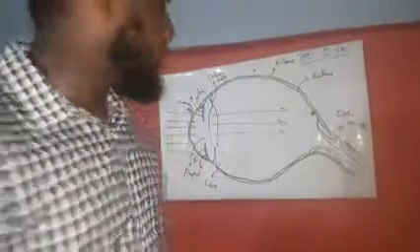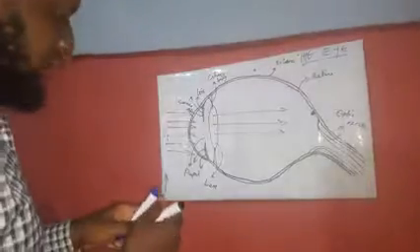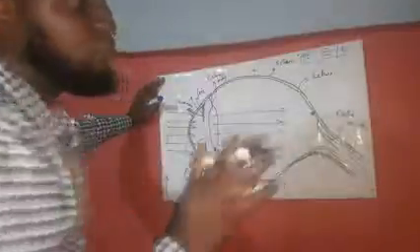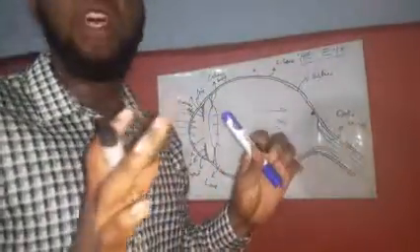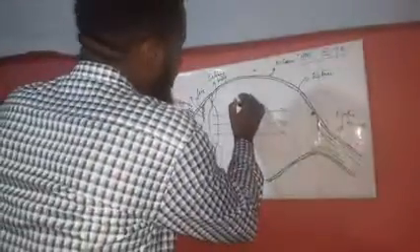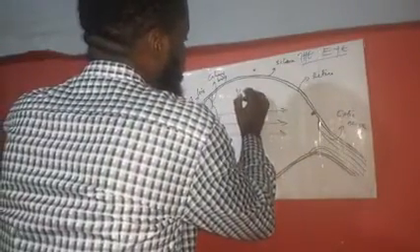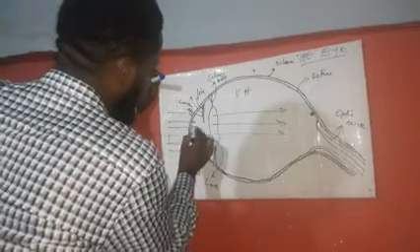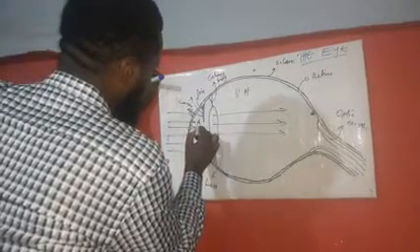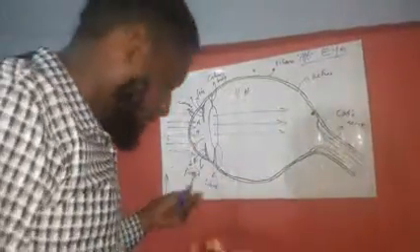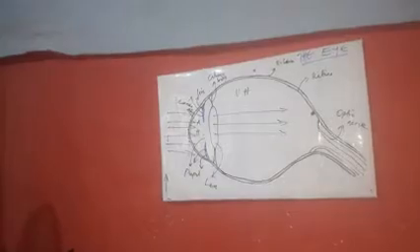Before that, I also want you to take note that inside of the eye there are two specific humors, or liquid substances. This part we call the vitreous humor, VH. The part immediately after the cornea is called the aqueous humor, AH.